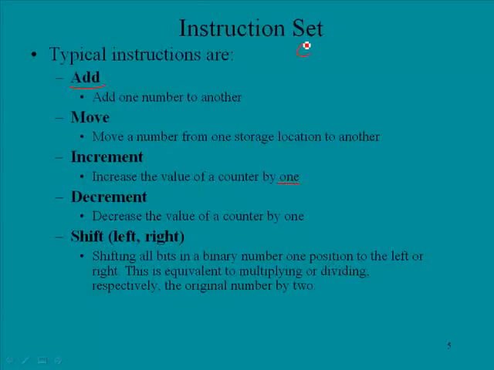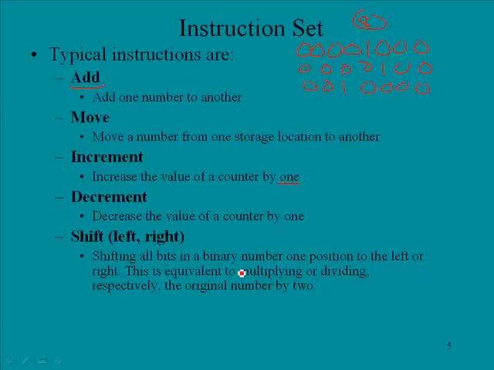So if we had 1, 0, 0, 0, this would be a binary 8, and if we shifted this to the right, then we would have something like this. And if we had shifted this to the left, we would have had something like this. So that'd be shifting right, shifting left.